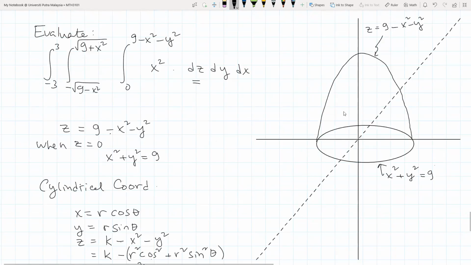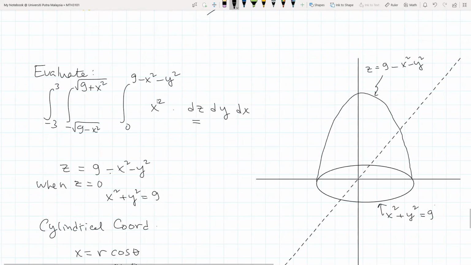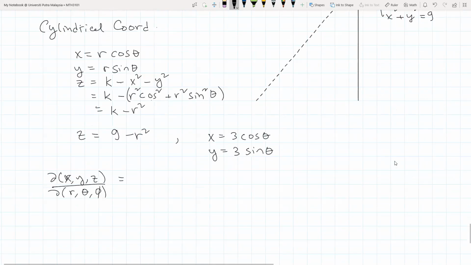Okay, hold on. Before that, hold on. Because I need to approximate the area first. Okay, I forgot that. I need to approximate the area first, and then after that, I can just multiply by the Jacobian.